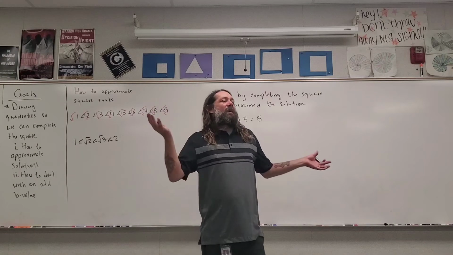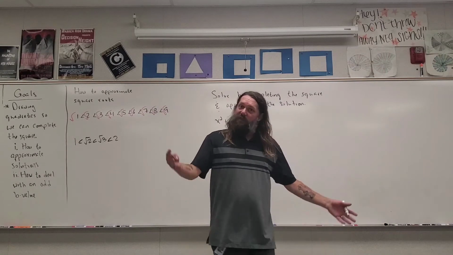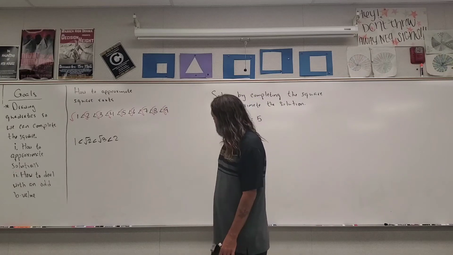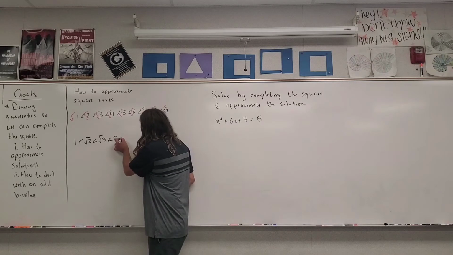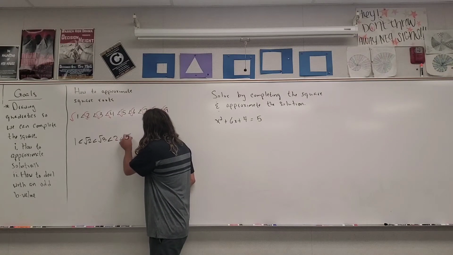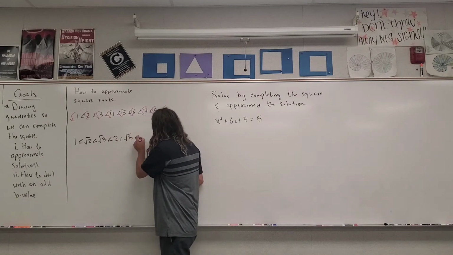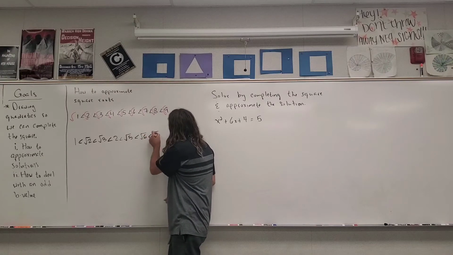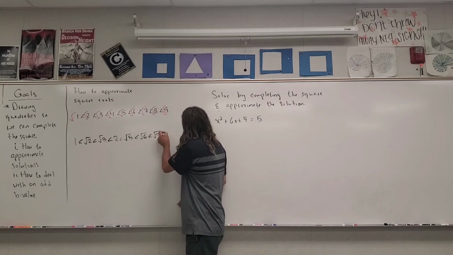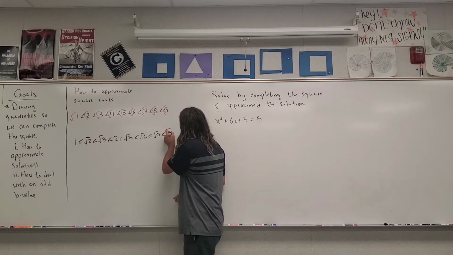So you approximate. Square root of 2 is 1.5. Square root of 3 is 1.6. As long as the values are somewhere between 1 and 2. I don't know the square root of 5, 6, 7, or 8, so I'm going to write those as they are.